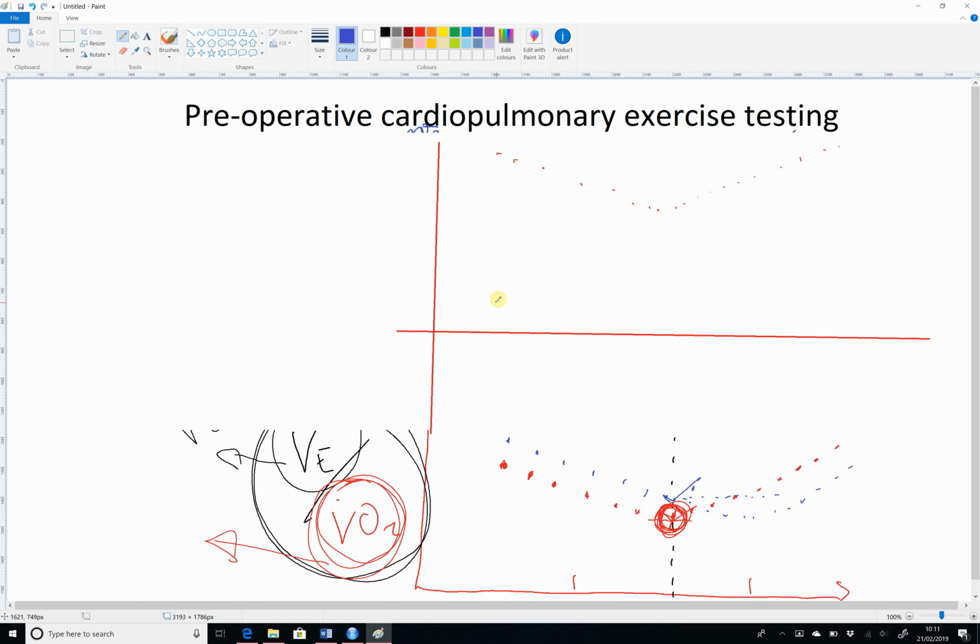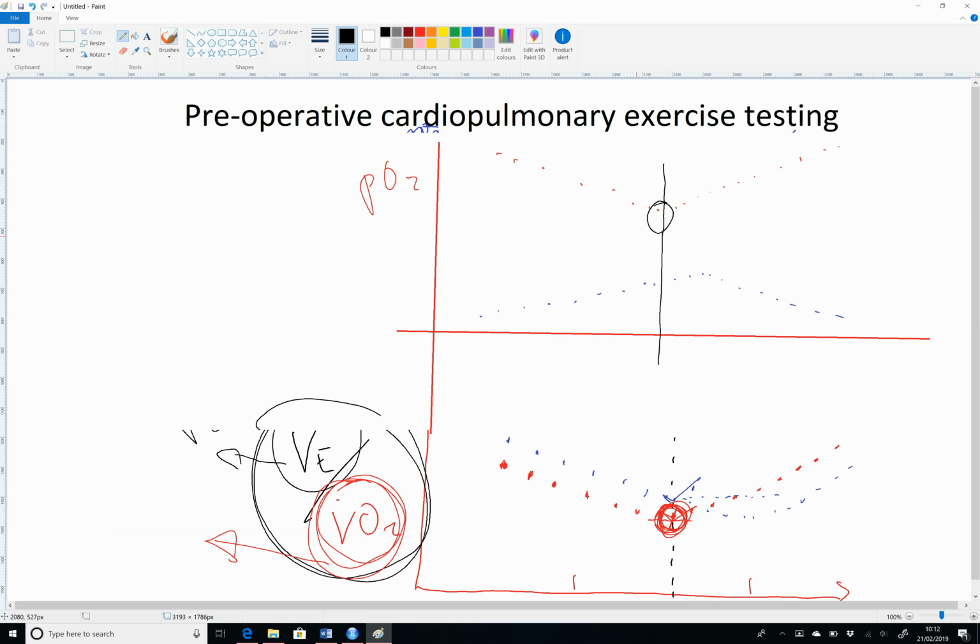The corresponding partial pressure of carbon dioxide in the exhaled air goes up and goes up a bit beyond that to the respiratory compensation point, and then comes down again. So you can just confirm that the anaerobic threshold indicated by the modified V-slope method and by the ventilatory equivalent method also corresponds to a nadir in the partial pressure of exhaled oxygen. So just here.